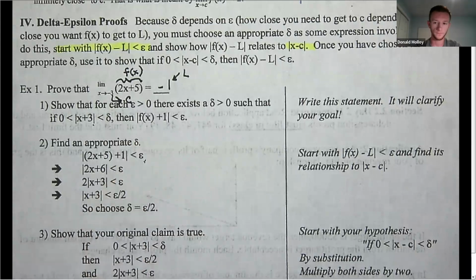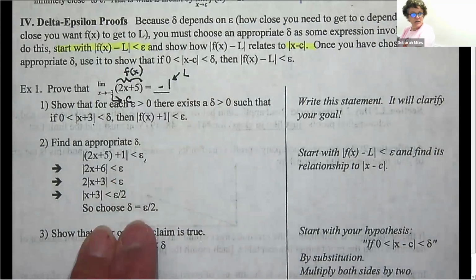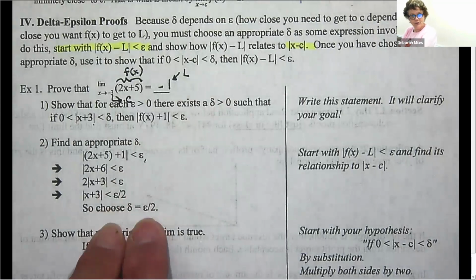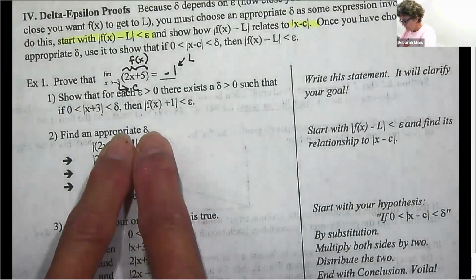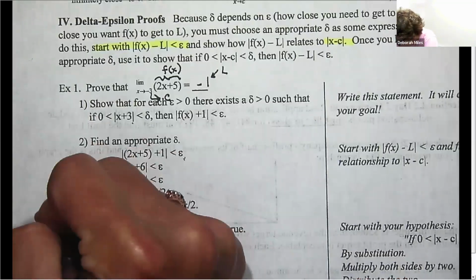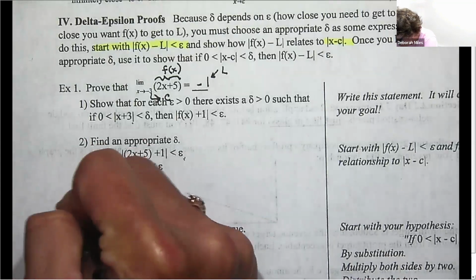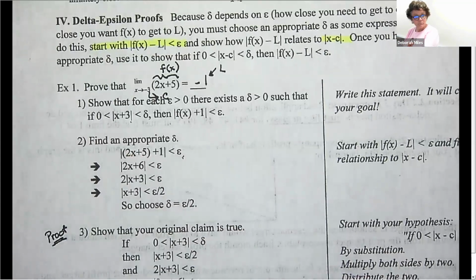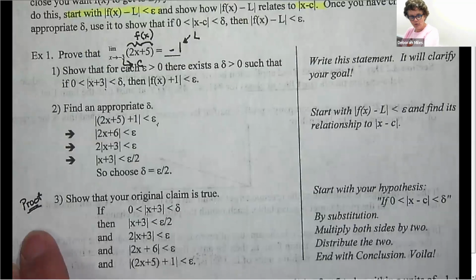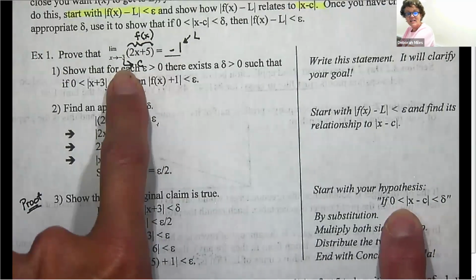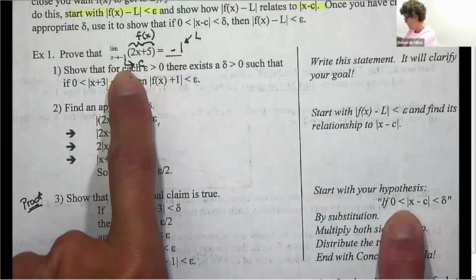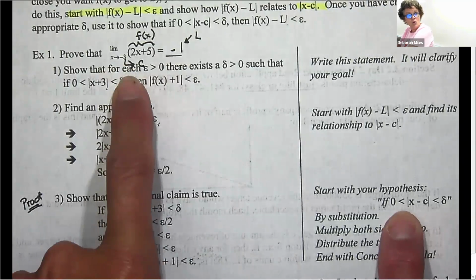All right. Now, after you finish step 2, after you've chosen your appropriate delta, step 3 is pretty much just copying this down backwards. Step 3 is your actual proof. And anytime you do a proof, you have to start with the hypothesis, the thing that you're trying to prove. So look back at your statement 1.